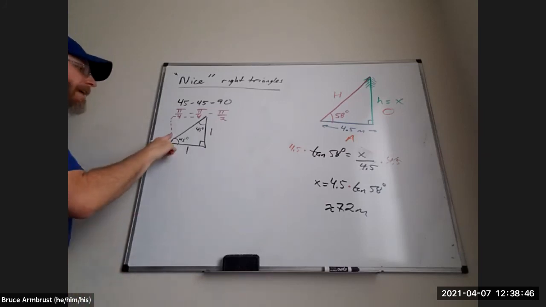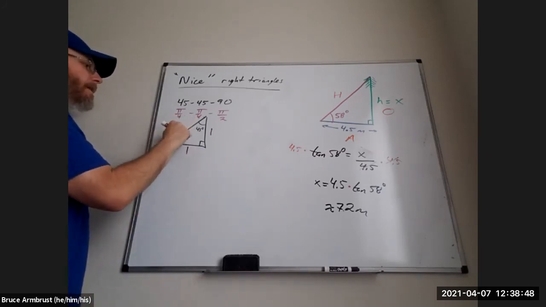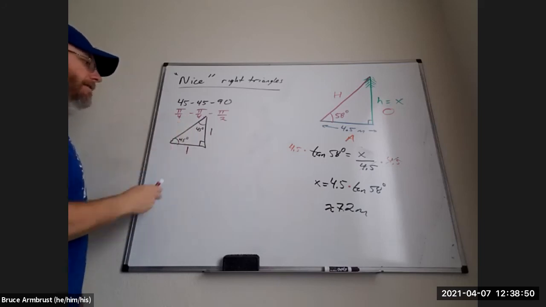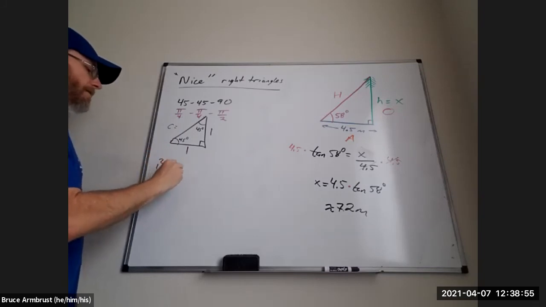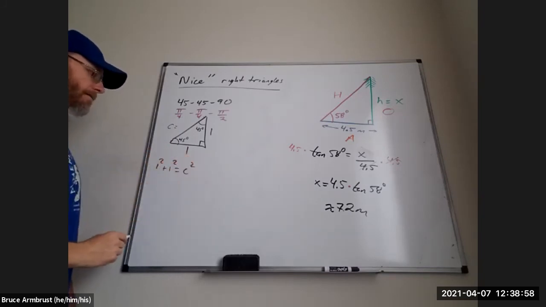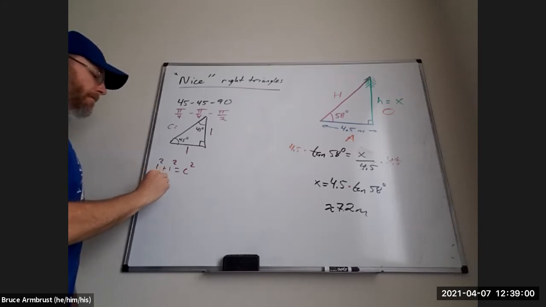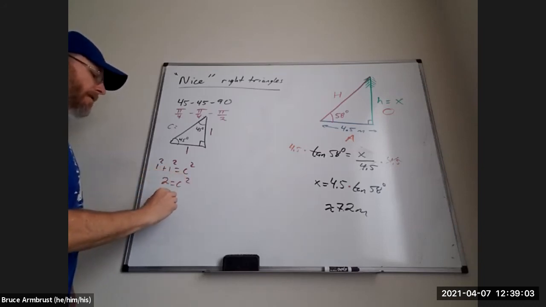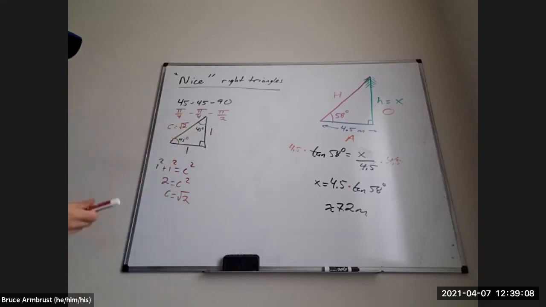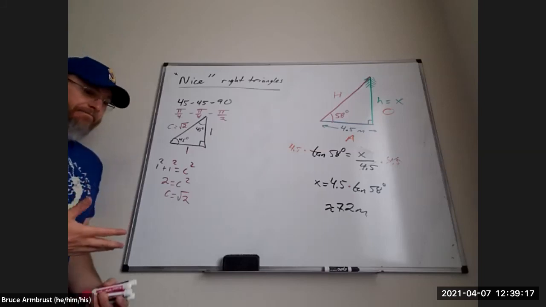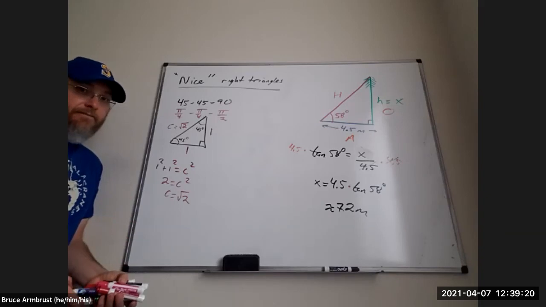All right, now for the Pythagorean theorem, we can actually calculate this third side. Because we're going to get 1 squared plus 1 squared equals c squared. So that's 1 plus 1, which is 2. So we just take a square root and we get the square root of 2. So we know all three sides, which means we can get the trig function values.